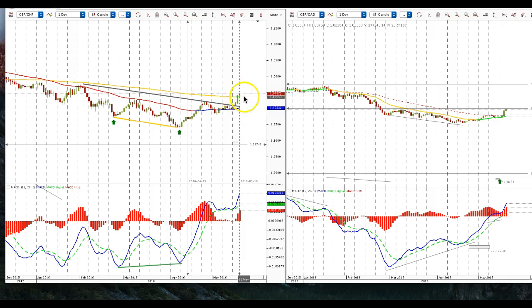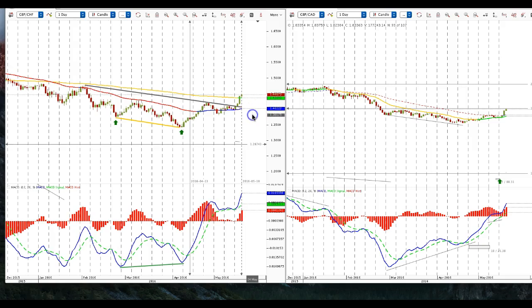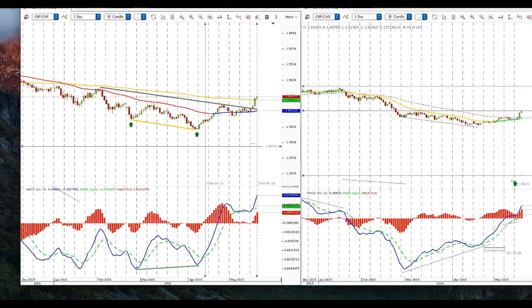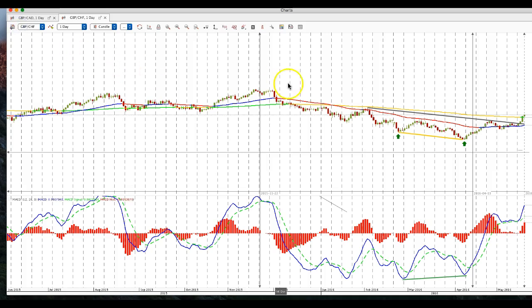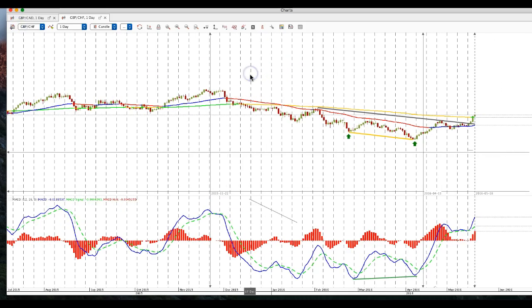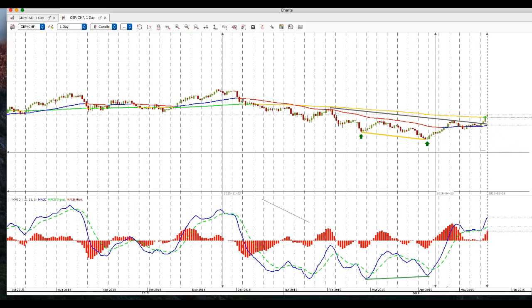It's above the 200 moving average line, and technically we should see the pound Swiss continue to go up for the next few weeks, and if not, the next few months. Let me give you an example of a past setup on this currency and how far and how long it took for the market to sell off.